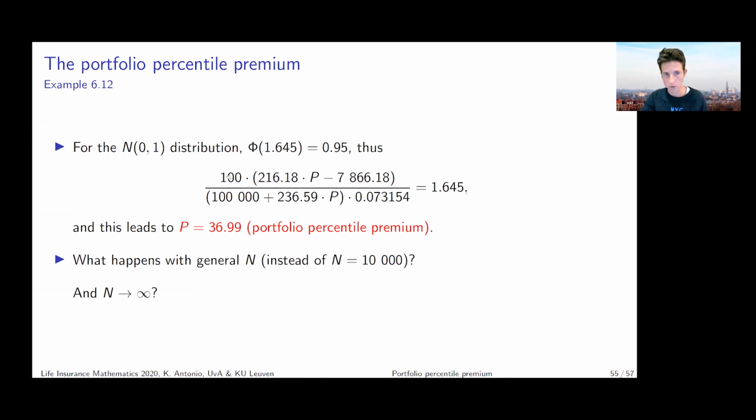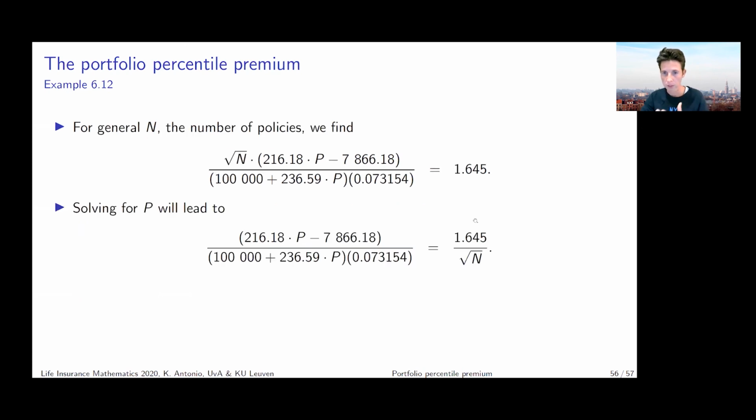Because if I bring the square root N to the other side, I'll get an expression here that runs to 0, and I'm getting a premium that is the actuarial equivalence premium once again, because then I need to find the P such that there is an equivalence between the EPV of the premiums and the EPV of the benefits.